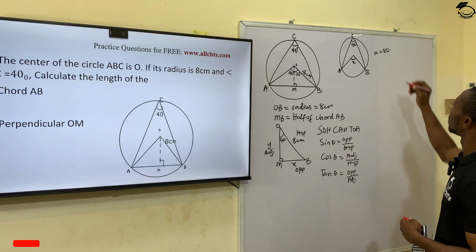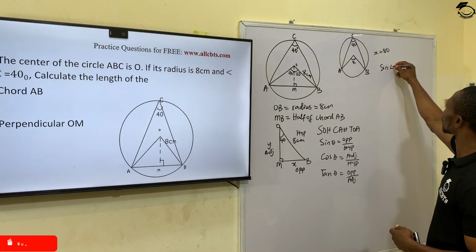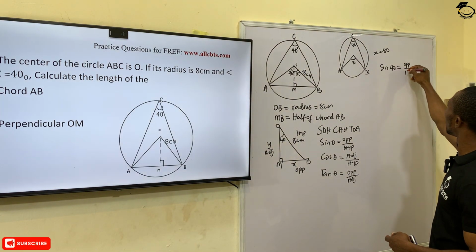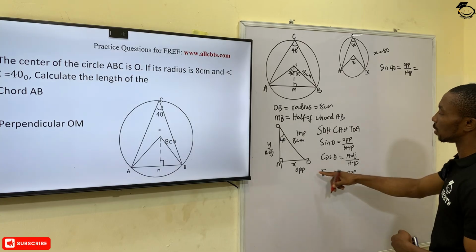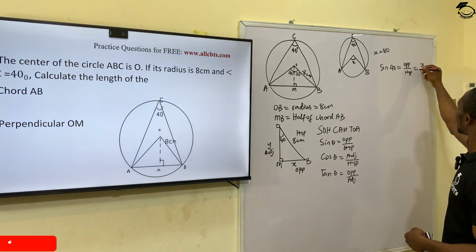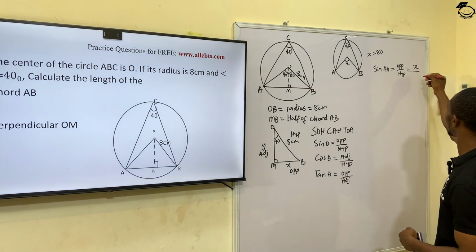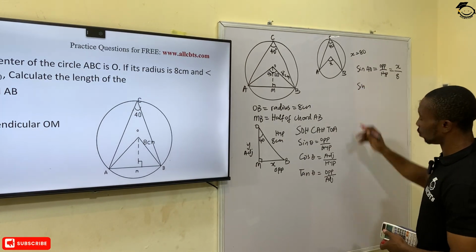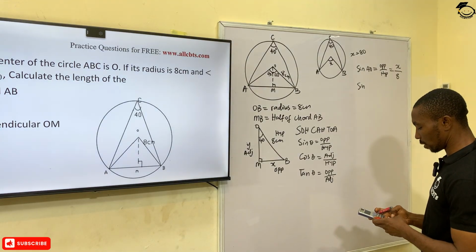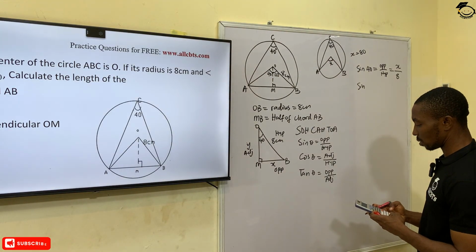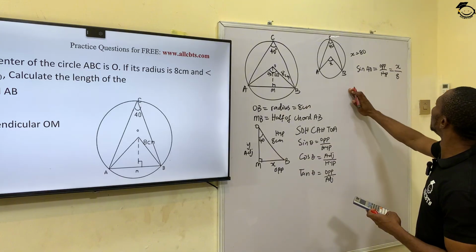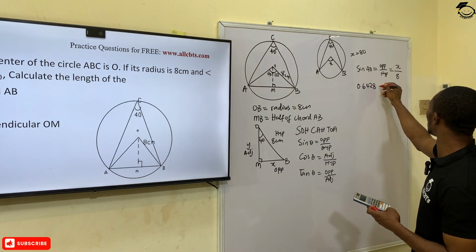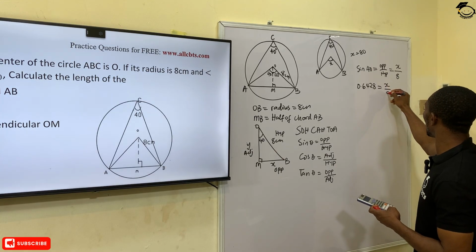So this becomes sine 40 equals opposite over hypotenuse, where our opposite is x and the hypotenuse is 8. Sine 40 would give us 0.6428 equals x over 8.